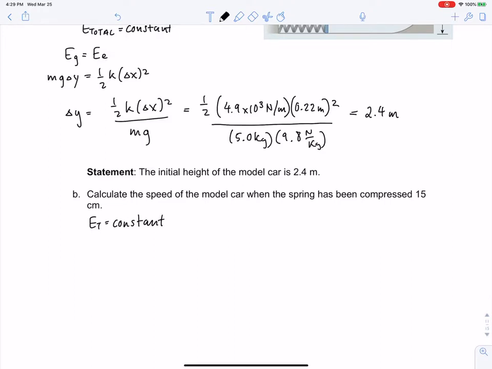And we can actually calculate the total energy by finding the total amount of initial energy, the gravitational potential energy it possessed when it was 2.4 meters above the ramp. 5 kilograms times 9.8 newtons per kilogram times a height of 2.4 meters, we get a total energy of 119 joules.